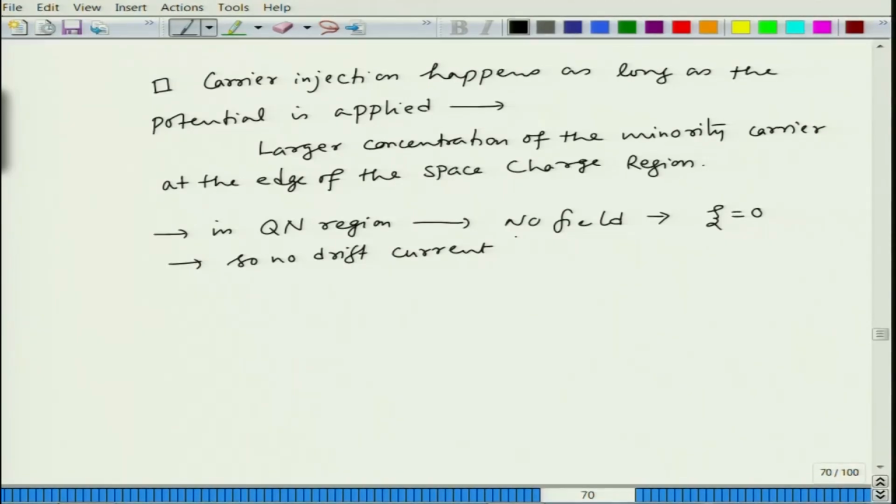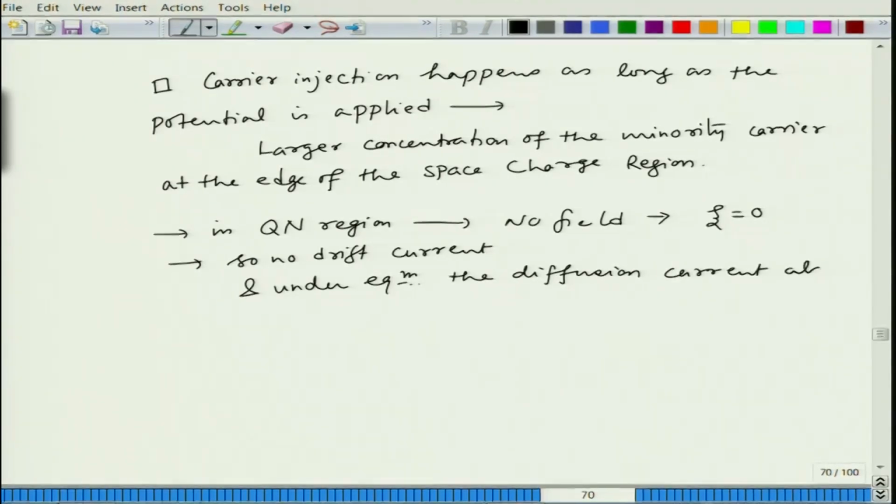Under equilibrium the diffusion current also does not exist, because in the quasi neutral region there is no gradient of these concentrations. If there is no gradient, there will be no diffusion.